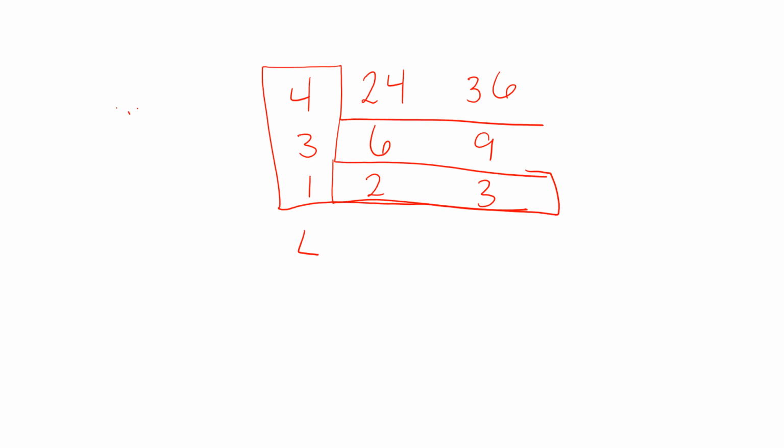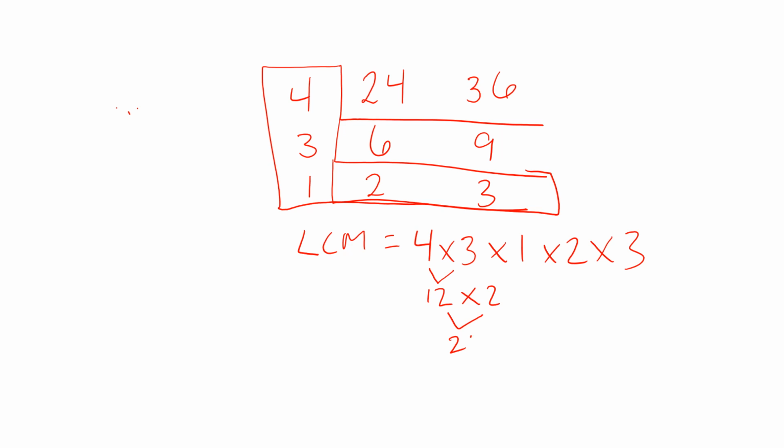So the LCM is equal to 4 times 3 times 1 times 2 times 3. That's everything in the L. So I'll break this down. 4 times 3, that's 12. 12 times 1, okay, I know that that's 12. And then 12 times 2, that's 24.